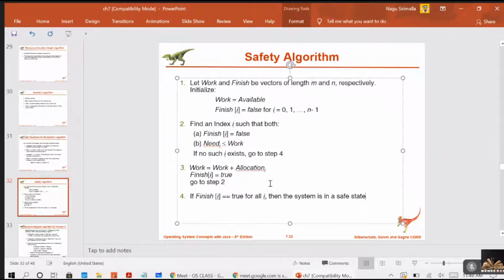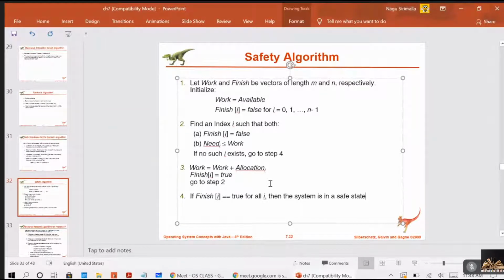So for each i I will check that whether the job is completed and the job need is less than or equal to the available resources. In that case, resources will be allocated and the job will be completing and it is releasing its resources. Those released resources will be added to the available resources now.